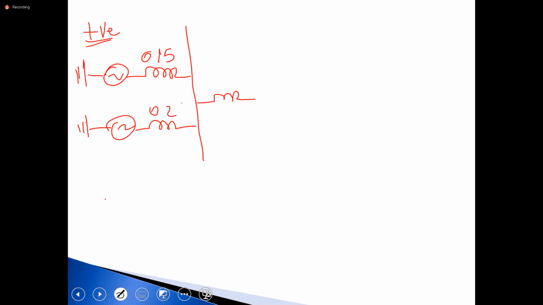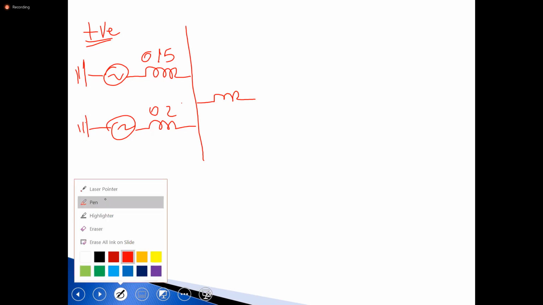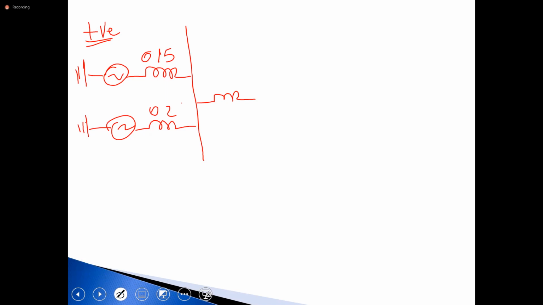Now, the question says that the fault is in the middle of the line. So I'm going to draw two reactances to represent the line. This would be one half of the line, and this would be the other half. The fault has occurred in the middle of the line, so it splits the line reactance.